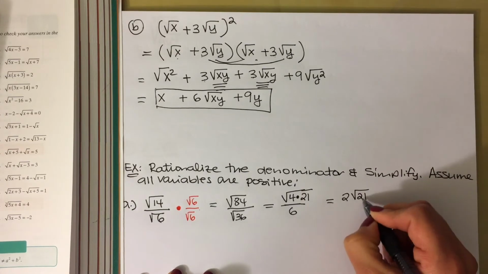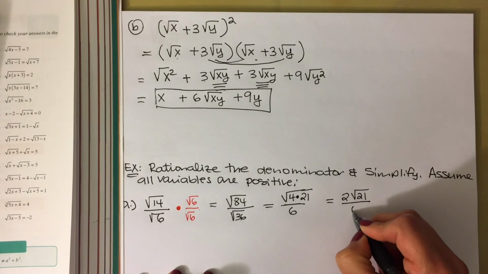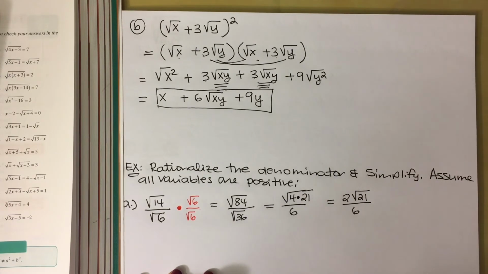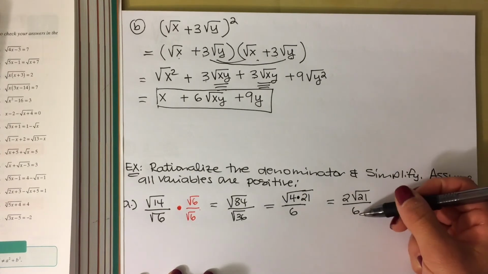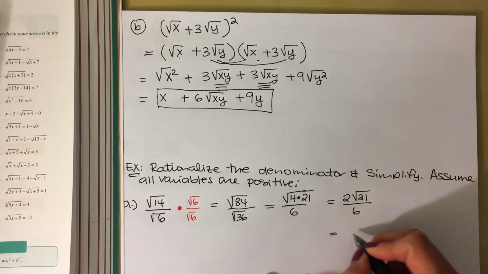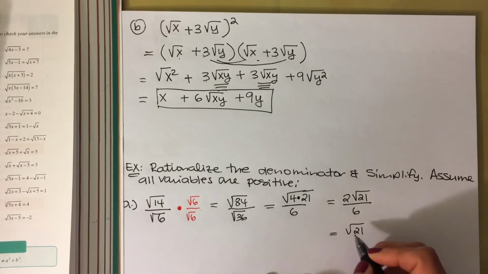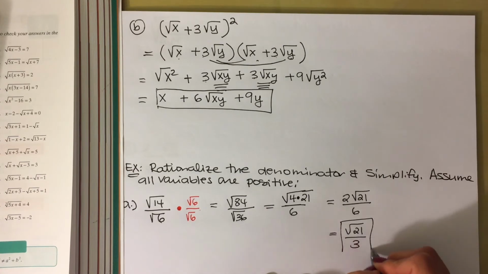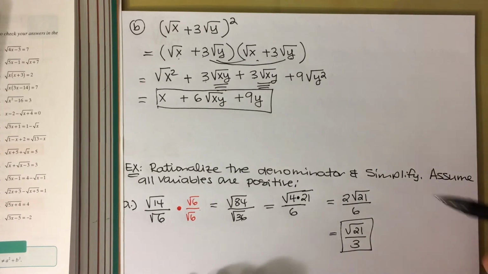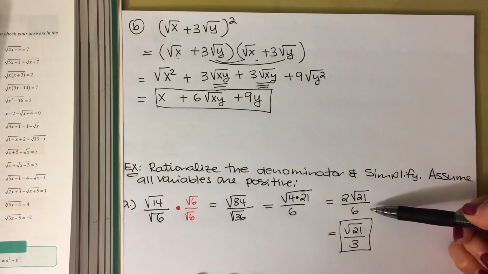Leave 21 on the inside since we can't do anything with it. And the last thing we can do is reduce 2 and 6, and so we get square root of 21 over 3. This is one way to rationalize and simplify.